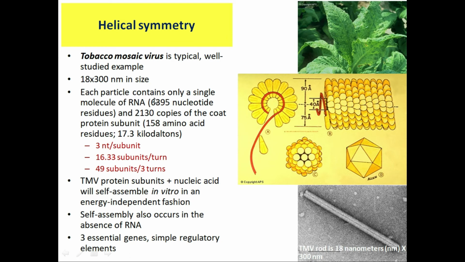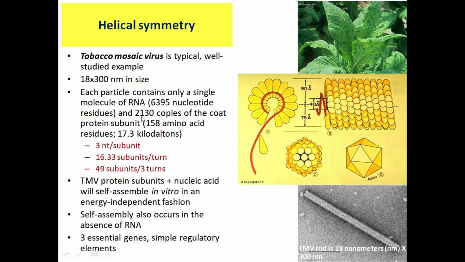So each particle contains only a single molecule of RNA that we know already, and this RNA molecule is about 6.4 kb, 6.4 kilobase, or to be specific 6395 nucleotide residues, are there in the RNA molecule. So the nucleotides, which are adenine, guanine, cytosine, and uracil, are 6,395 in number, and that makes the genome of the tobacco mosaic virus.